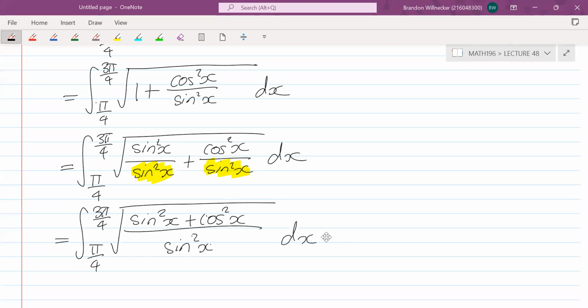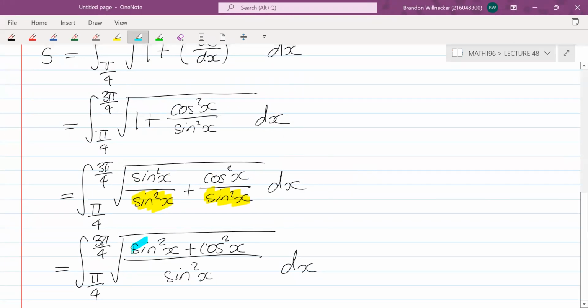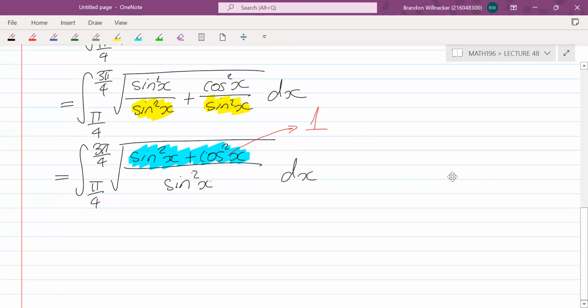Okay, now the nice thing about this numerator is that sine squared x plus cos squared x is just 1. Okay, so that means we have 1 over the square root of sine squared x. So this is just going to be the integral from pi over 4 to 3 pi over 4 of 1 over sine x dx.